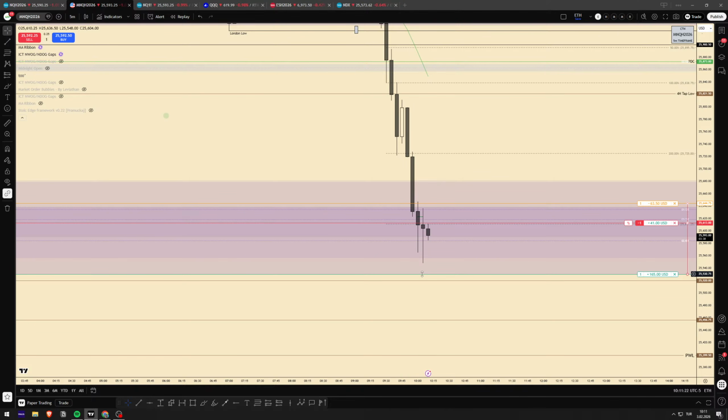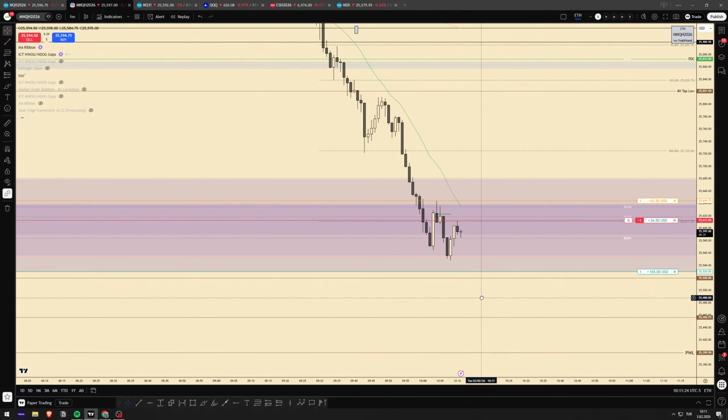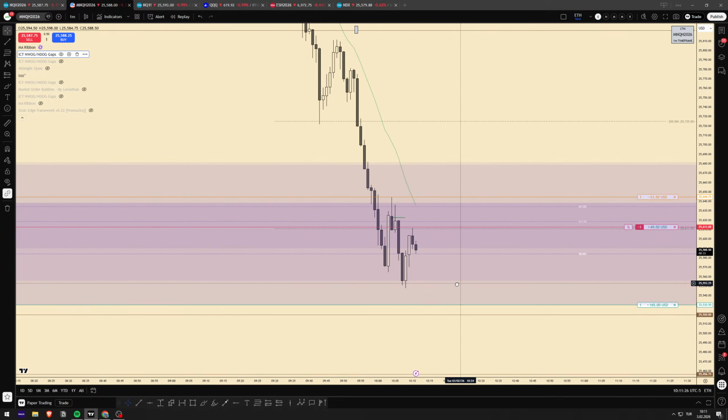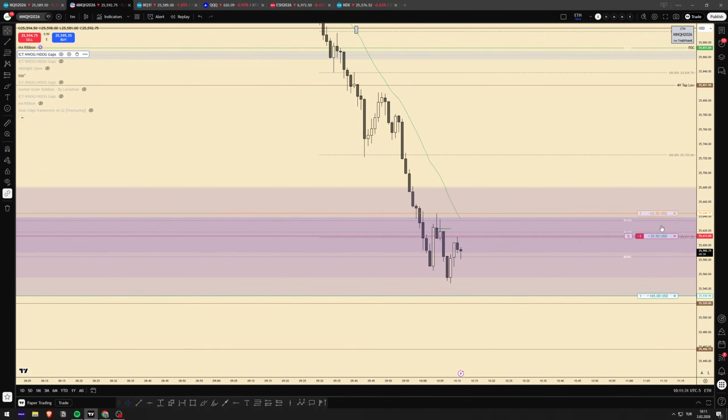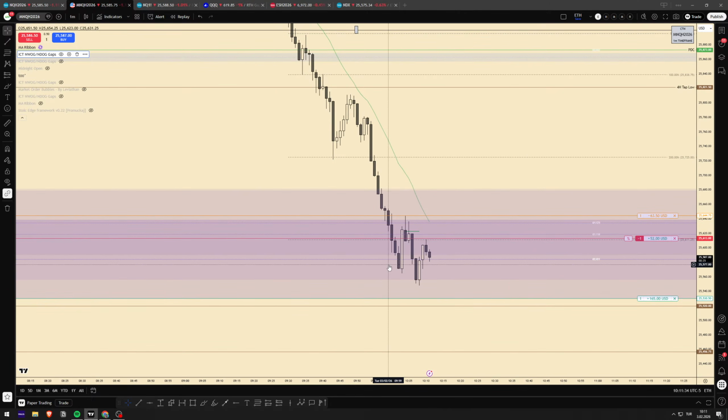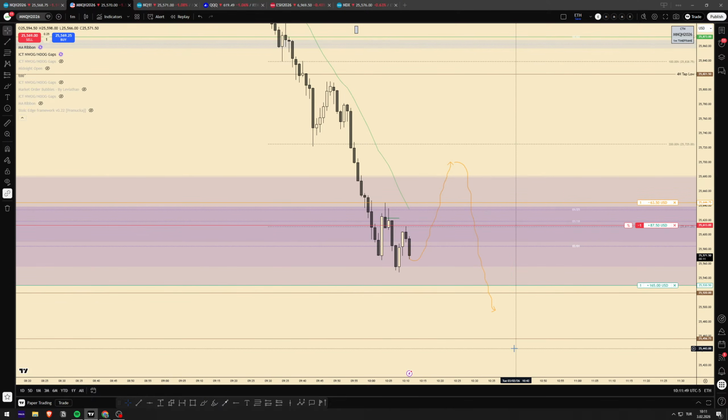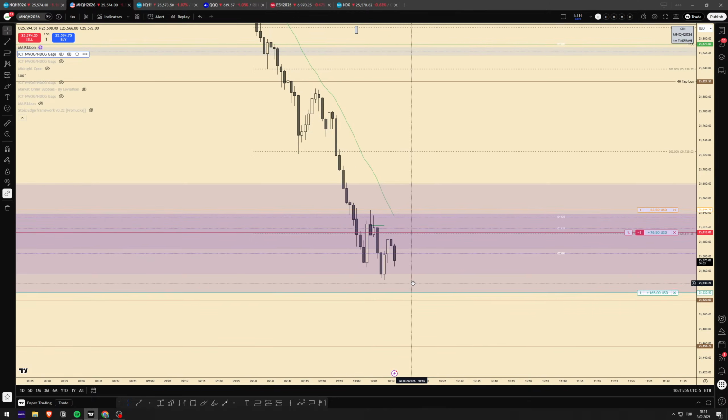I don't know if price reverses from here or not. And I don't know if price decides to make a deeper retracement. If price does something like that, I might very well lose money, knowing where the price was going to go. Actually, something like this happened in yesterday's stream.